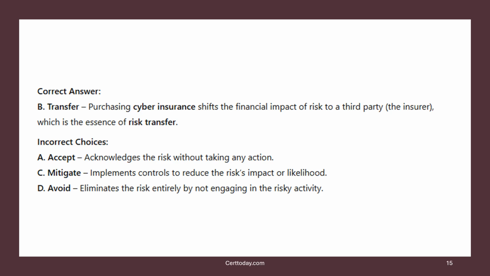C is incorrect because mitigate implements controls to reduce the risk impact or likelihood. So when you configure a firewall, or when you buy a subscription to Microsoft Defender for Endpoint, you are mitigating. Now, it could be any other product, not necessarily Microsoft. It could be CrowdStrike.